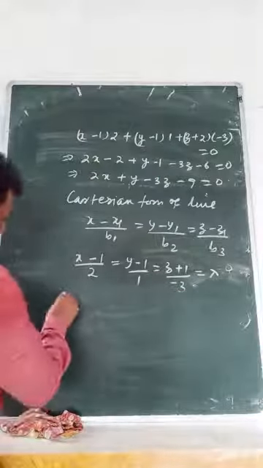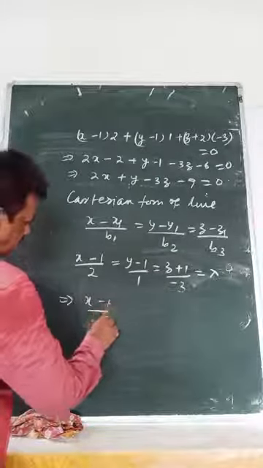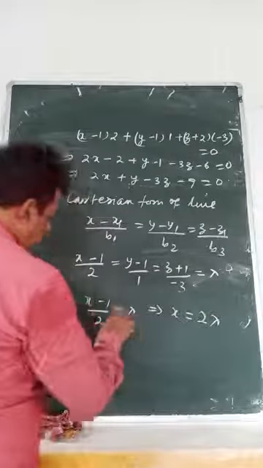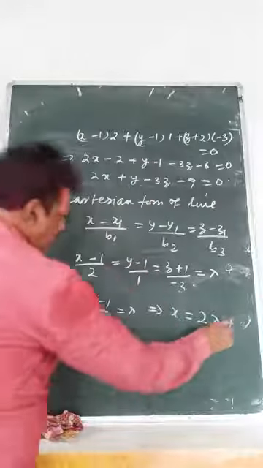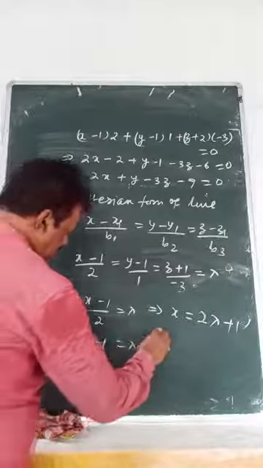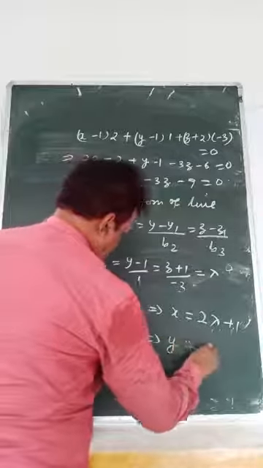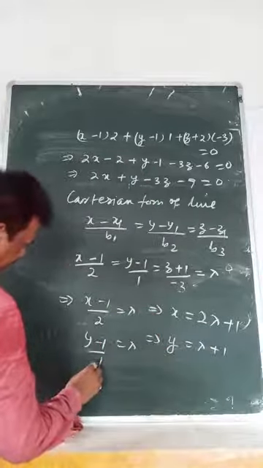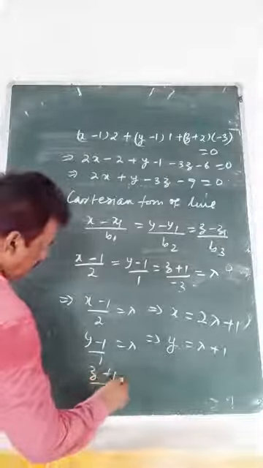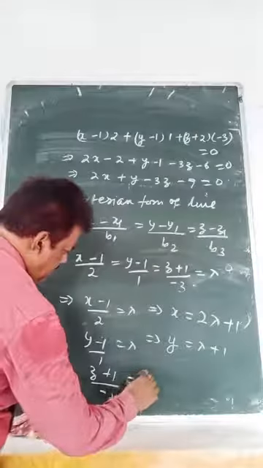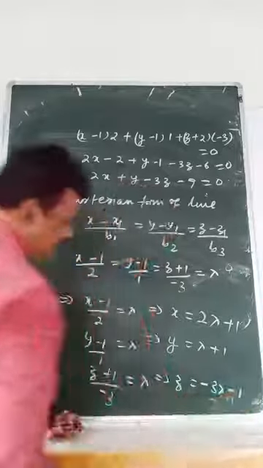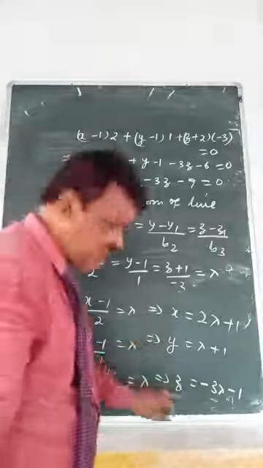So (x minus 1) by 2 equals lambda implies x equals 2 lambda plus 1. (y minus 1) by 1 equals lambda, y equals lambda plus 1. (z plus 1) by minus 3 equals lambda implies z equals minus 3 lambda minus 1. Means you got the values of x, y, z.